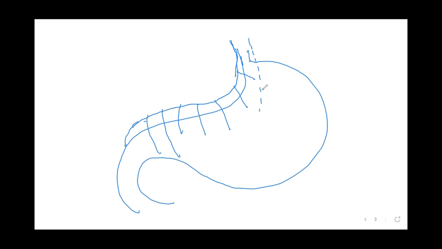The posterior also supplies the stomach along the greater curvature, and it gives the celiac branch to the celiac plexus. From the celiac plexus, other branches that supply the intestine arise.